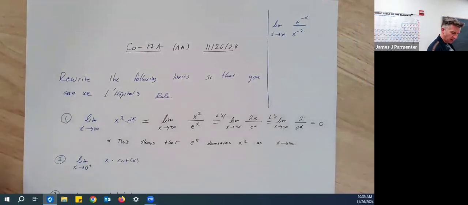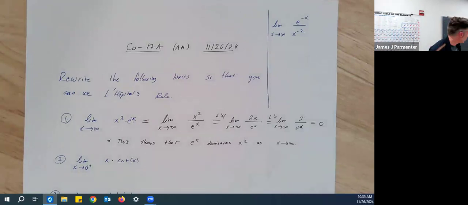I know it's kind of weird to think about, but e to the negative infinity, right? Think about the graph of e to the negative x, it certainly goes to 0. And x to the negative second, think about the graph of x to the negative second, it also goes to 0 as you move towards infinity. Sorry, I pointed that way. I was really thinking of the graph of e to the x going to negative infinity as opposed to the graph of e to the negative x going to positive infinity.